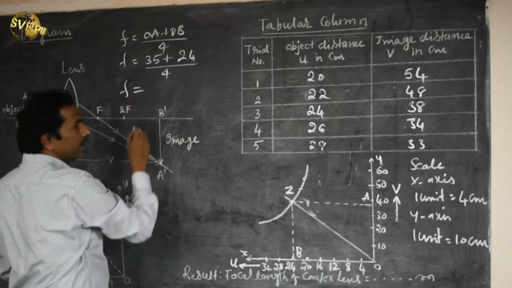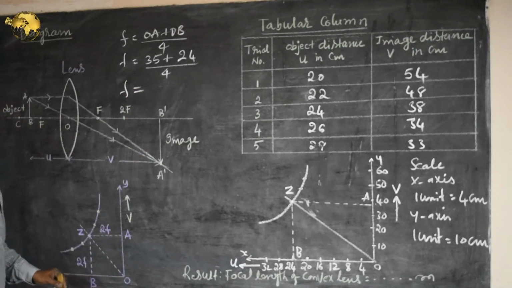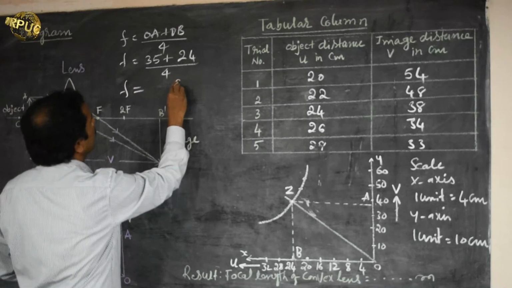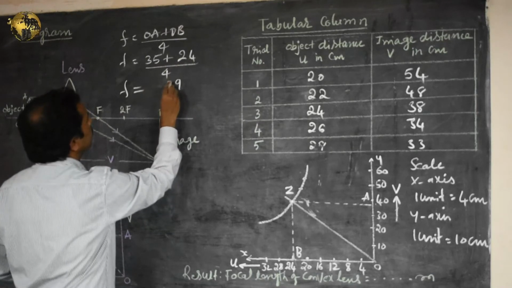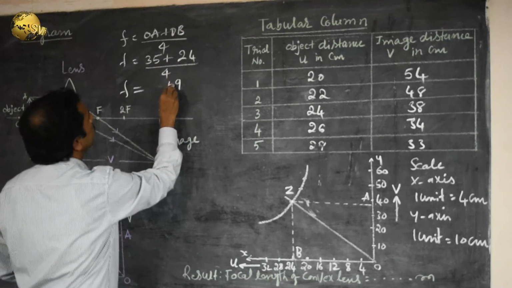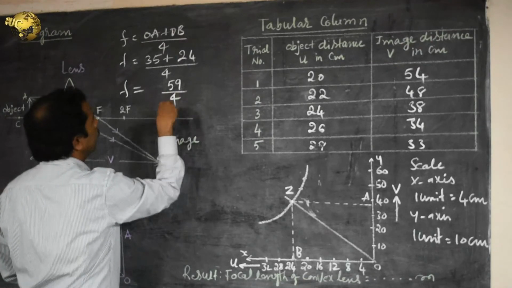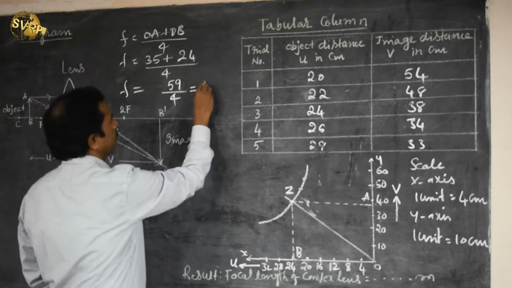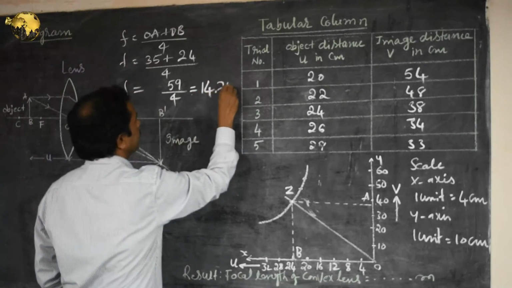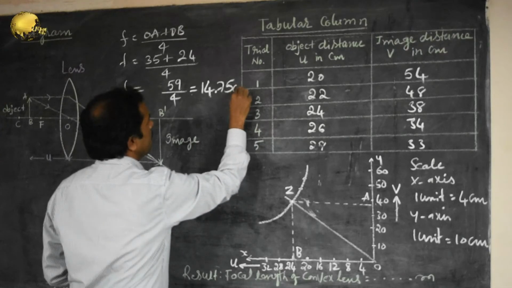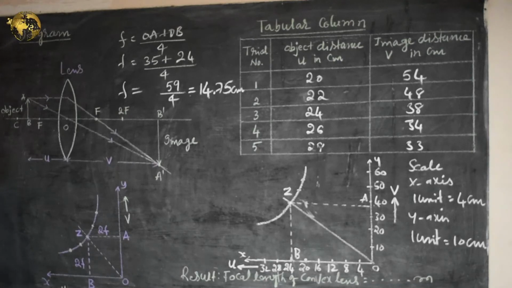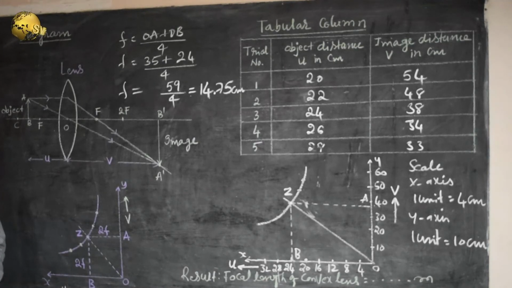So focal length F equals 9 plus 5 divided by 4. This is equal to 14.75 centimeter. So this is the required value of the focal length of the convex lens.